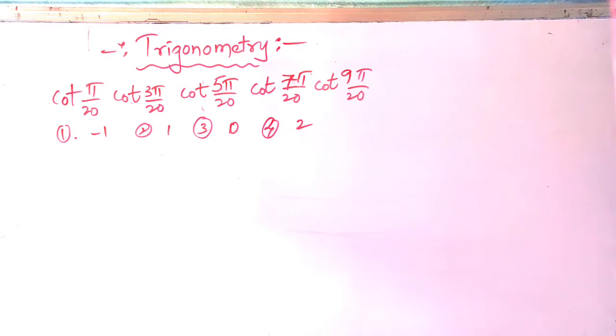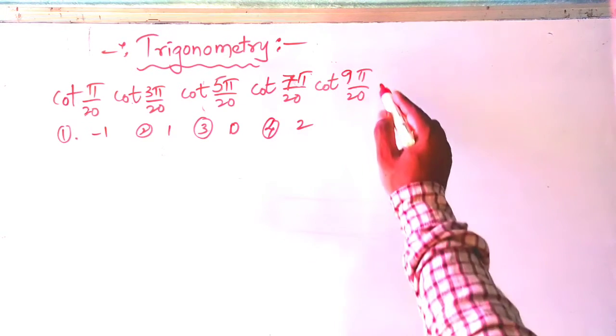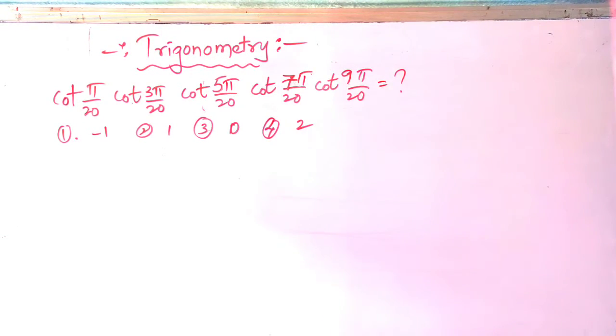Right, next one. Cot pi by 20, cot 3 pi by 20, cot 5 pi by 20, cot 7 pi by 20 into cot 9 pi by 20 is equal to how much? Okay, the first option is minus 1, second is 1, third is 0, fourth is 2.